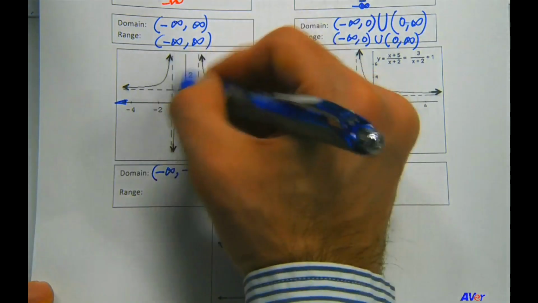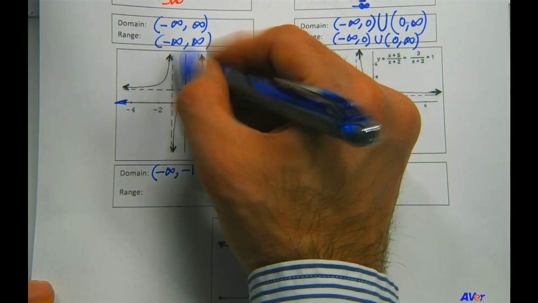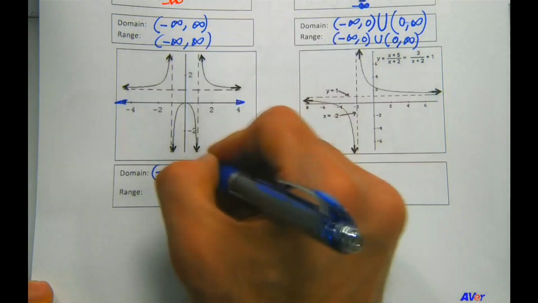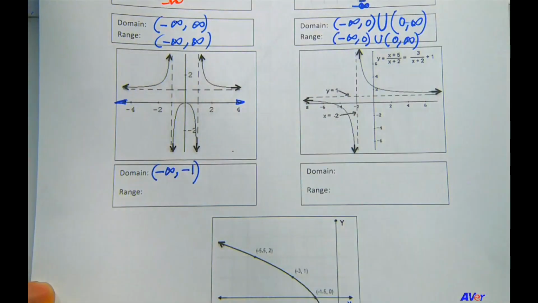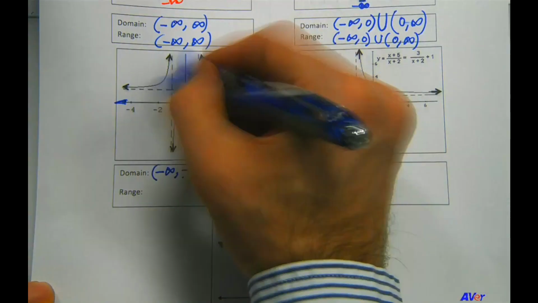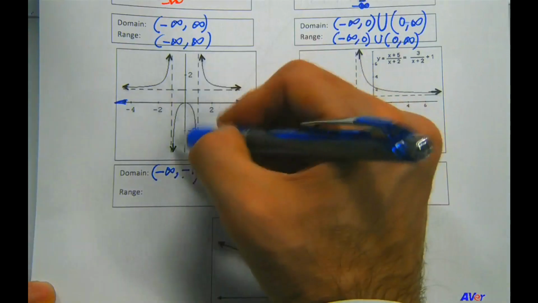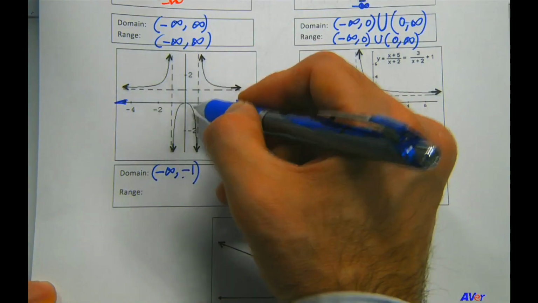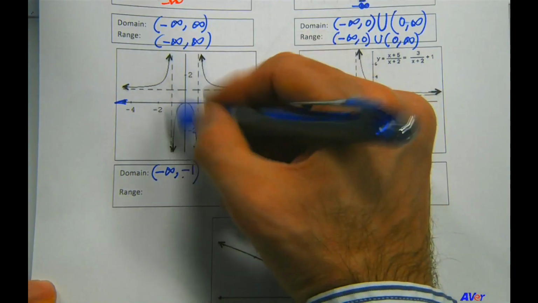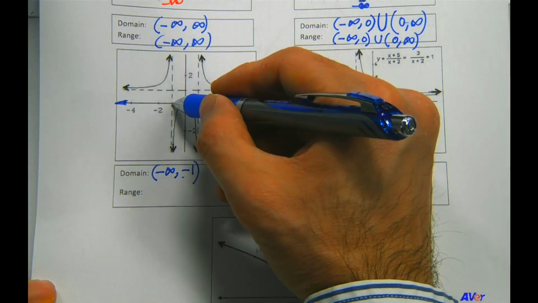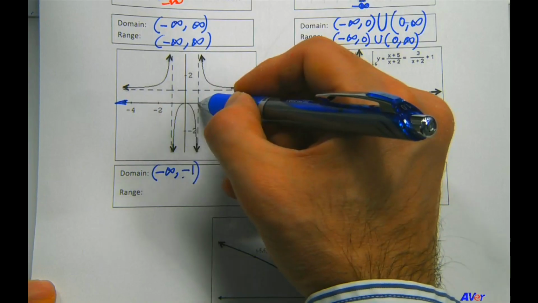Does it go through -1? No, because this dashed line is an asymptote. So parenthesis. So this represents this piece. What about this piece in the middle at the bottom? Well, that piece with respect to the x-axis is coming from -1 to +1, right?